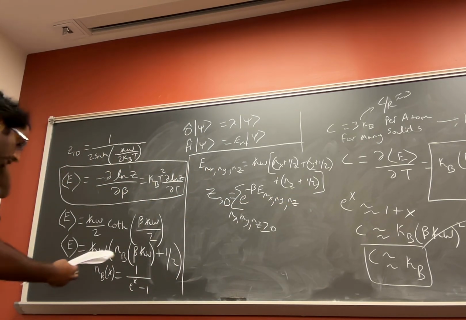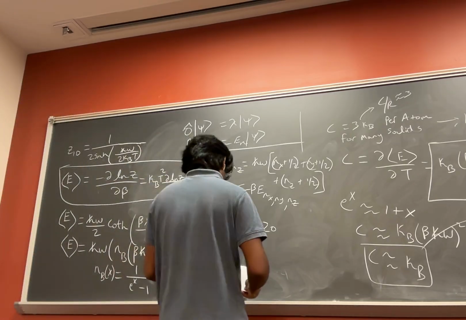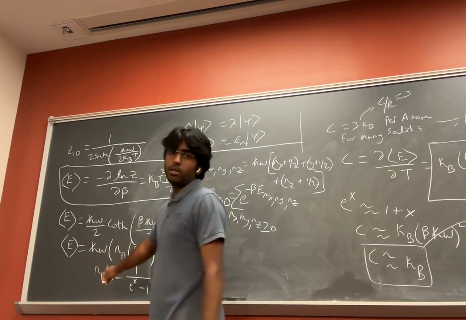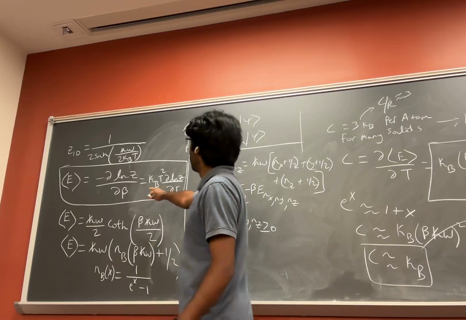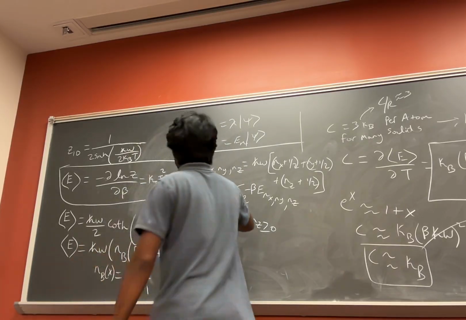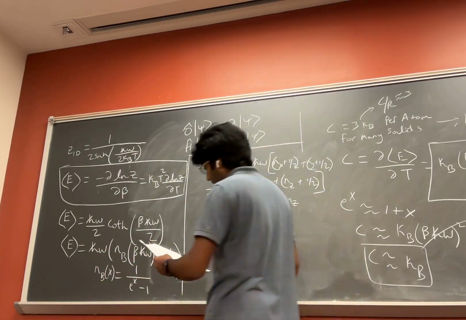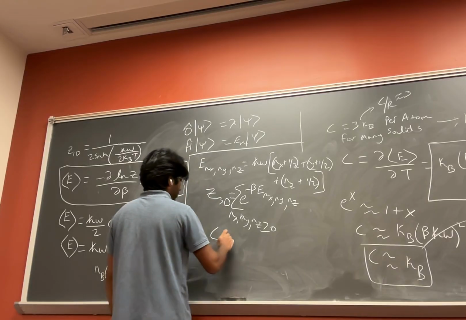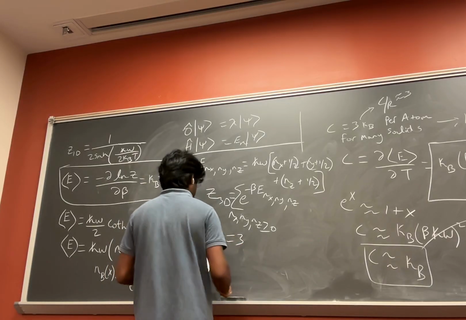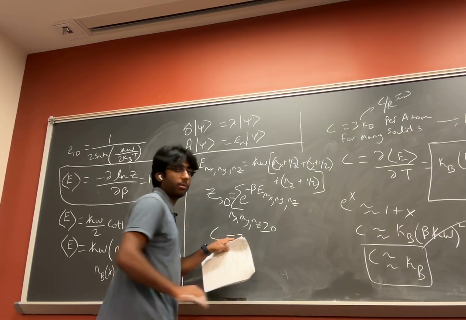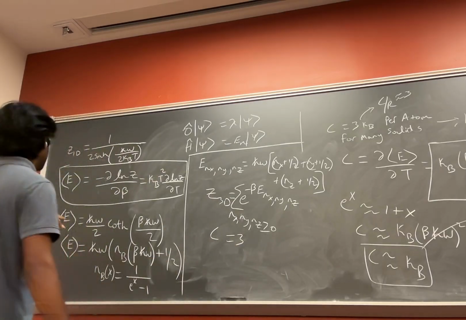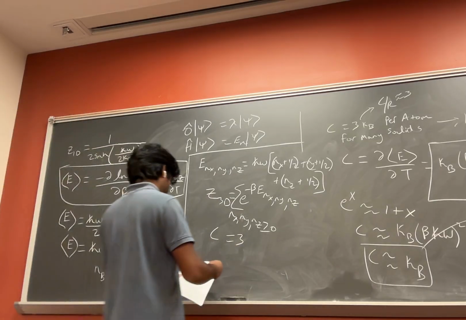Okay. And again, if we go through the exercise where we use the derivative for the energy expectation on this all over again, we just see that C equals 3 times the expression that we got for the 1D case.